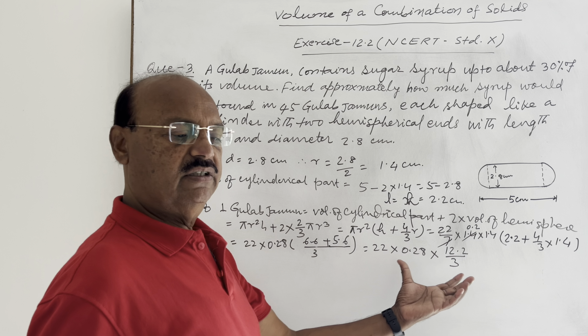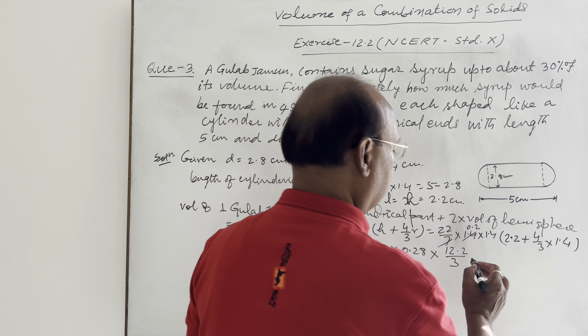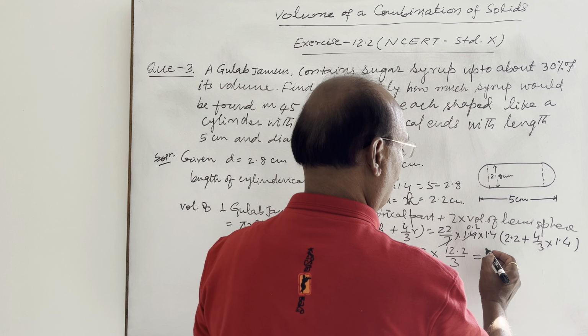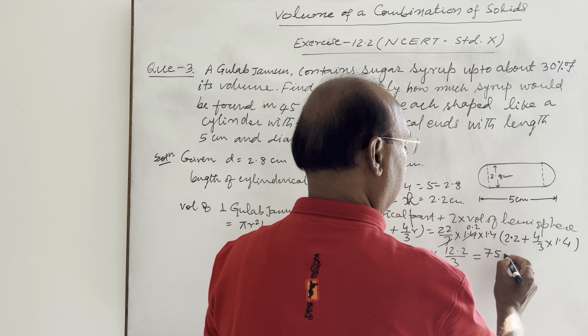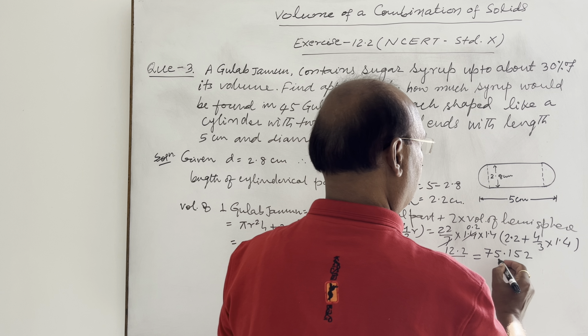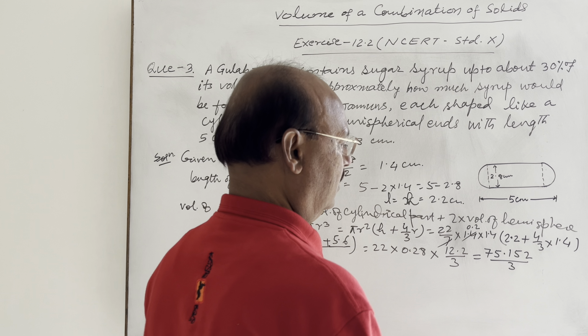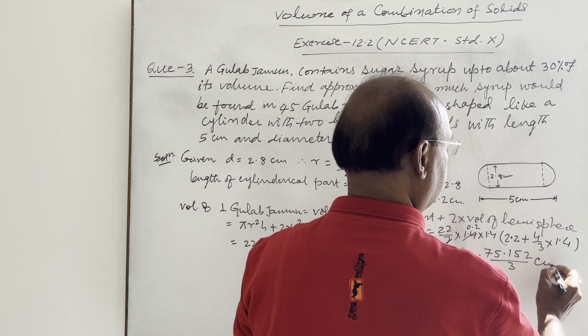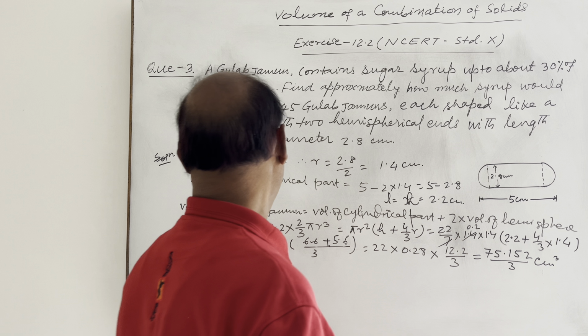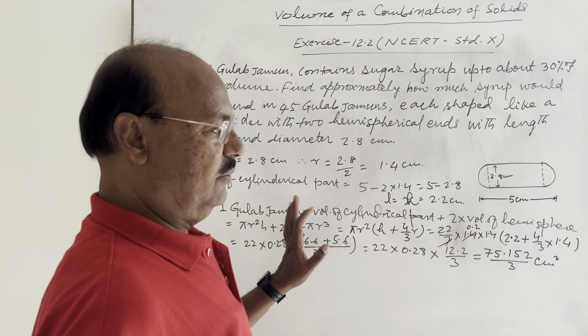So simplify it, let us multiply it. This is equal to 75.152 divided by 3. You may write here centimeter cube also, because this is the volume of one gulab jamun.